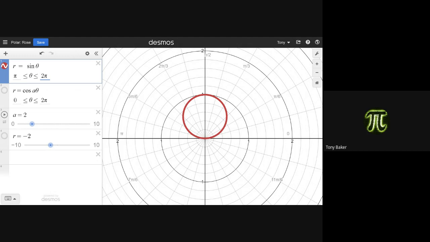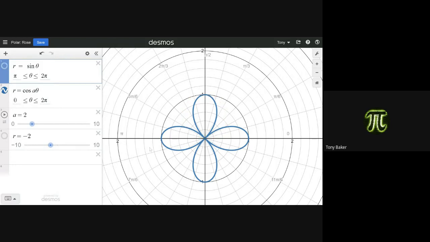The next one we're going to look at is what I basically already looked at a little bit ago. This is my flower. So this one does go from 0 to 2 pi. The number in front of the theta, the A, has an impact on it.